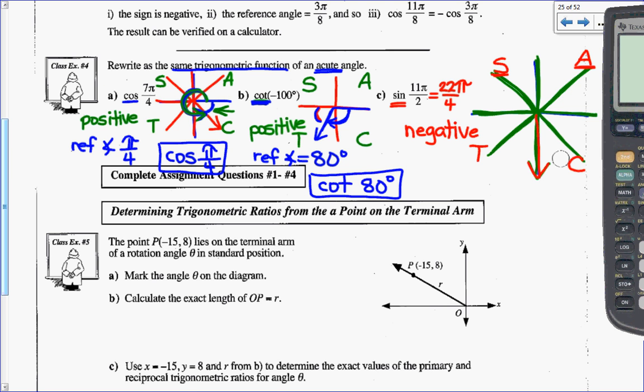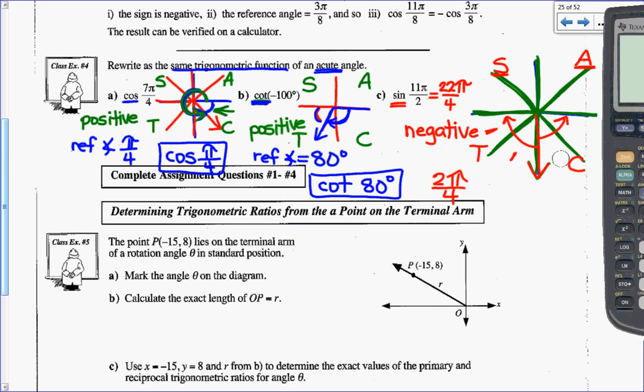Then I need to know the reference angle. Well, I can measure the reference angle because it's right in the middle, either this way, or I can measure the reference angle this way. It really doesn't matter because I have the same angle either way. I can tell by glancing at that, though, what that measure is. That's 2 pi over 4s, right?